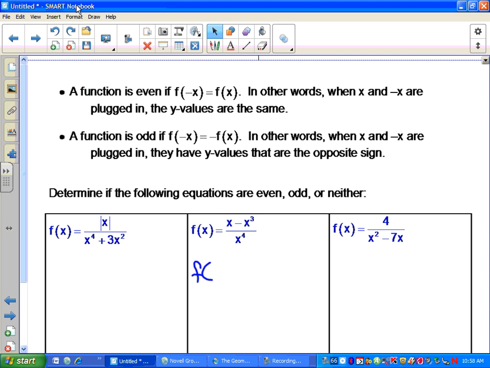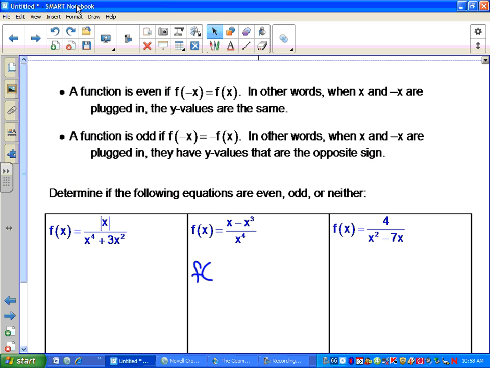That means it's even, just like we showed you on the last page. Okay, well, how do I know when something's odd? When I plug a negative into the x, and it comes out the complete opposite of what it was. Do you see how that's saying it's the negative, meaning the complete opposite of the original? That's when it's odd.